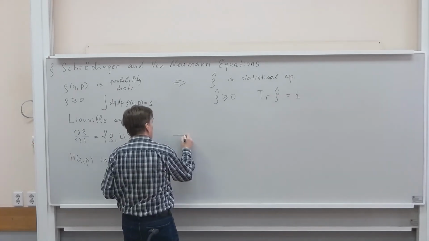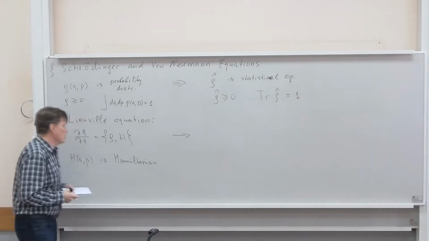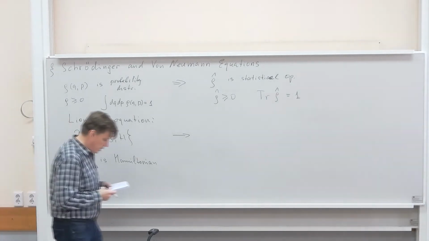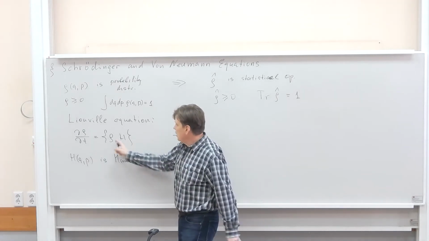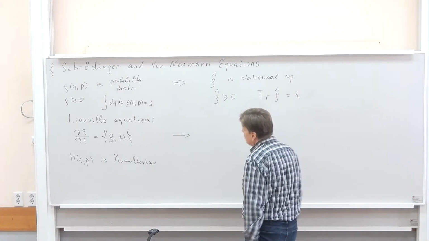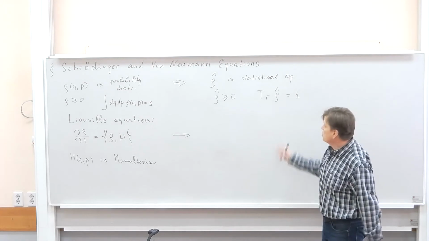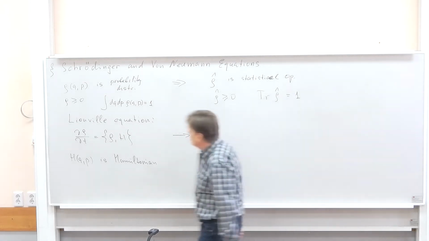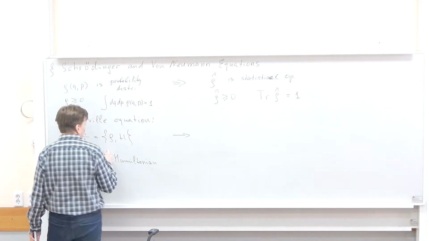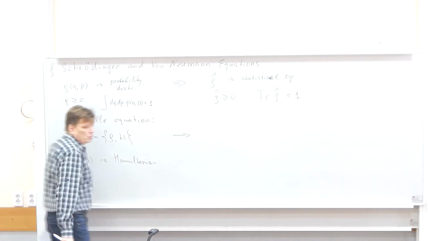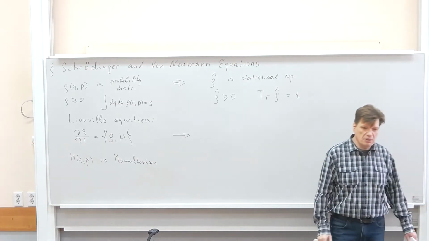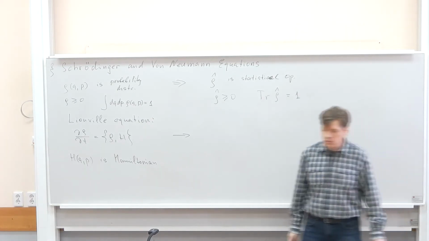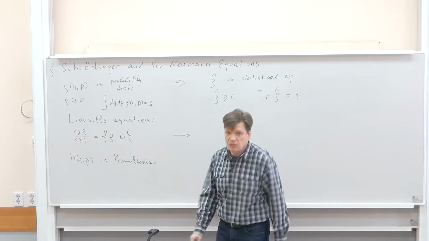So, passing to the quantum mechanical description, we just replace rho and H with corresponding Hermitian operators, and in so doing the classical Poisson brackets are replaced by the quantum Poisson brackets invented by Dirac, which is basically a commutator of the two operators.